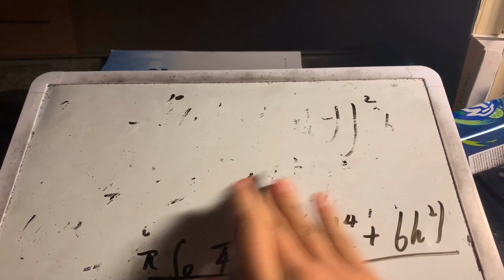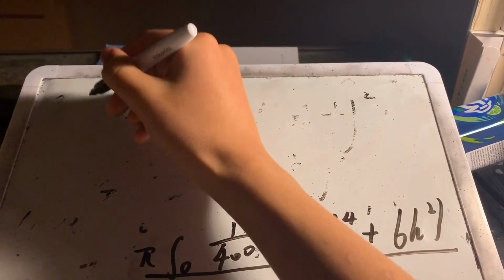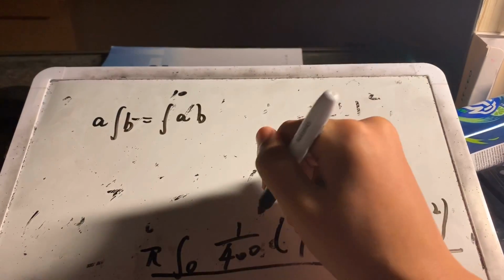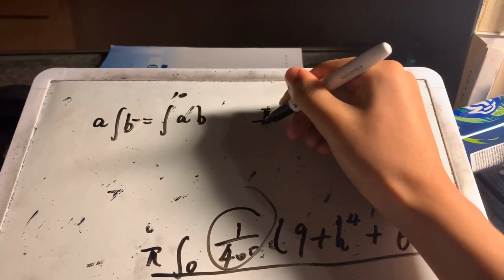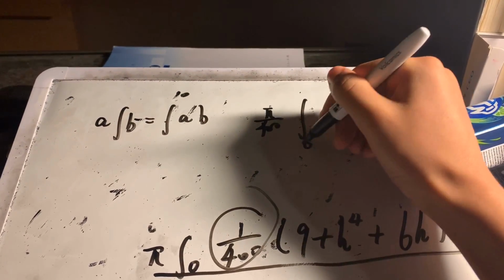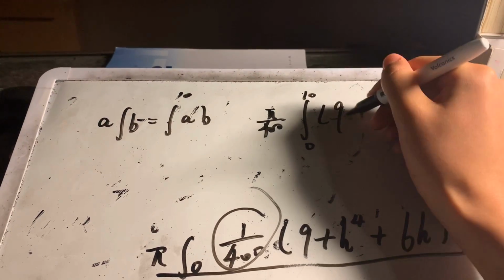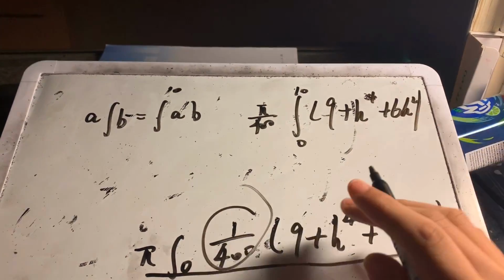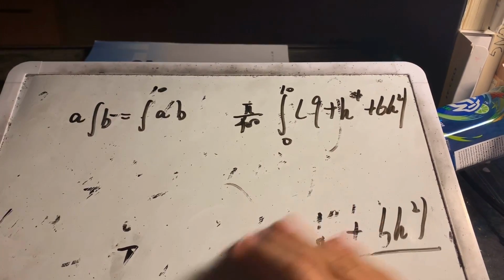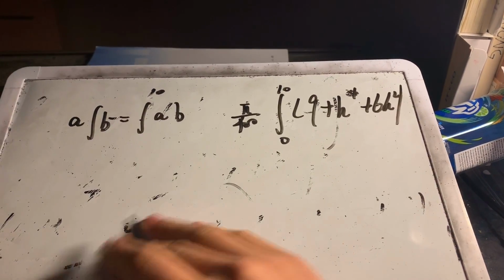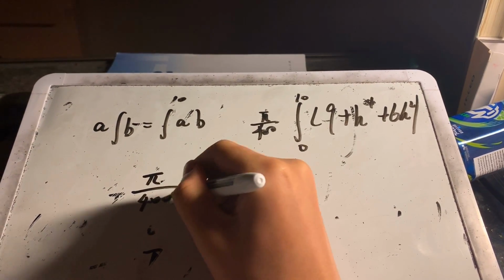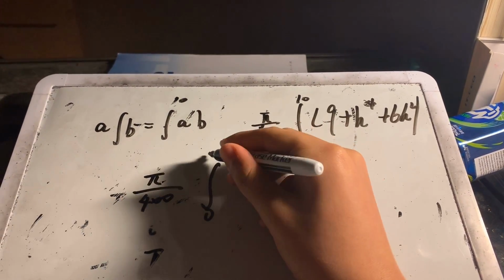Now what we do next is, using this formula, we take this out, which we get this. Pi divided by 400, integral from 0 to 10 of 9 plus h to the 4 plus 6h squared. So in this case, what do we get? We use the dividing rule and we divide each one out.